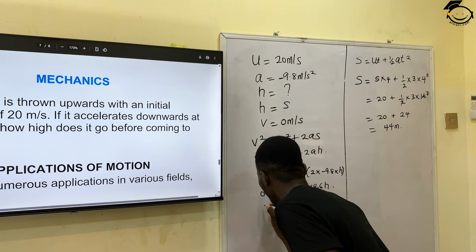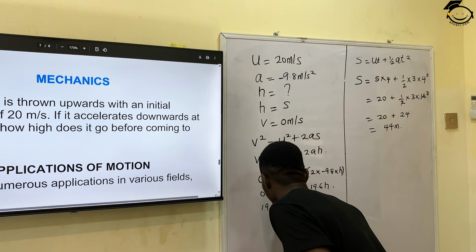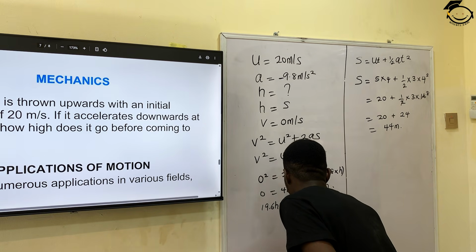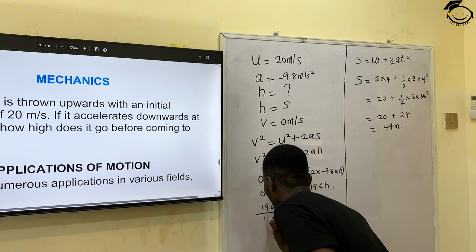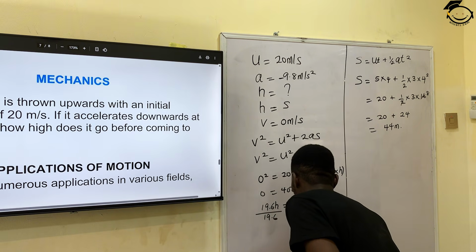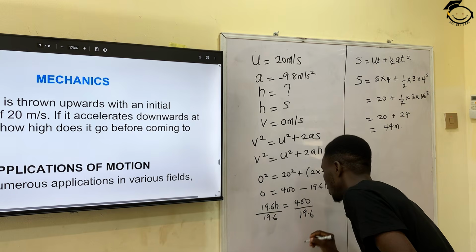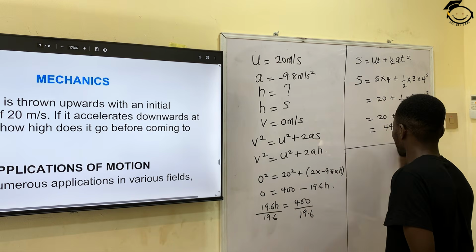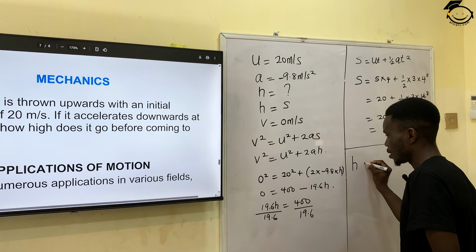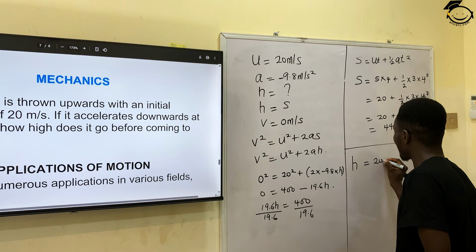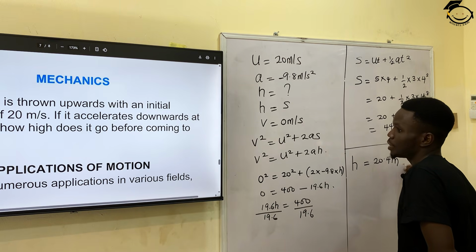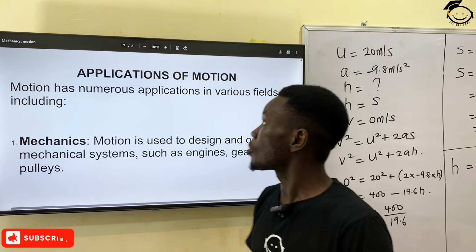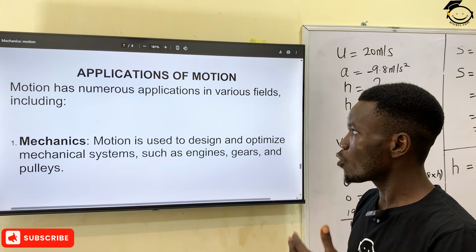If I move this to the other side, I have 19.6 height is equal to 400. I divide both sides by 19.6, and my height is equal to 20.4 meters.